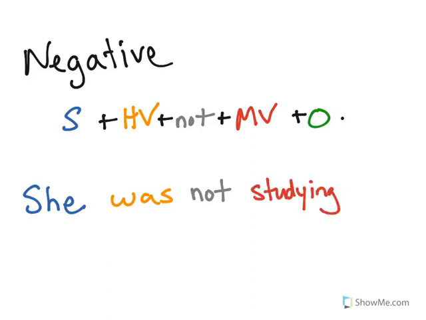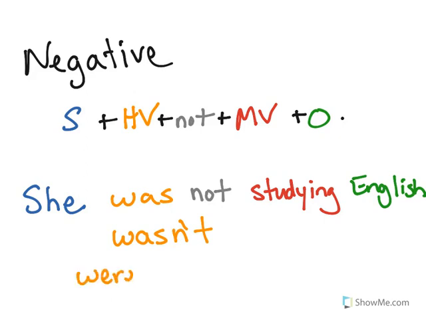She was not studying English. And here I can use the contraction, so I can say she wasn't. Okay, she wasn't studying. You can also do a contraction with were not. If I have were not, I can use the contraction weren't.